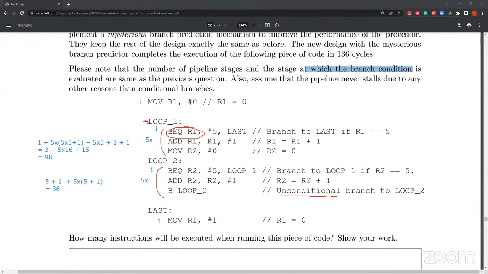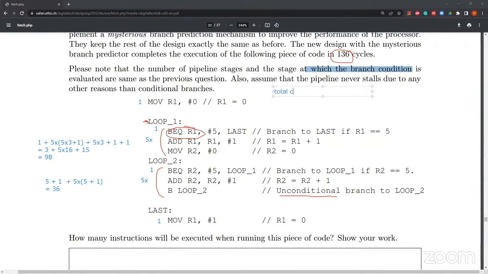But let's reveal some information by calculating how many mispredictions the branch predictor made, such that the execution of this program resulted in 136 cycles. Okay, so it's the first formula that we used in part A. We have 98 instructions in total, right?